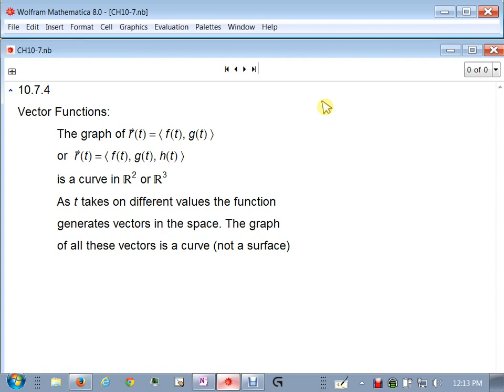That's key here. It is impossible to draw a surface like a cylinder with a vector valued function, well, with a vector function that looks like this. We will actually draw cylinders with vector functions in chapter 13, but not yet. If your vector function only has one variable coming in, t, you cannot draw a surface. You can only draw a curve.